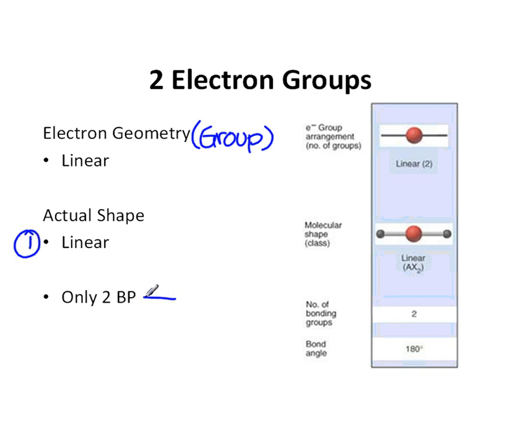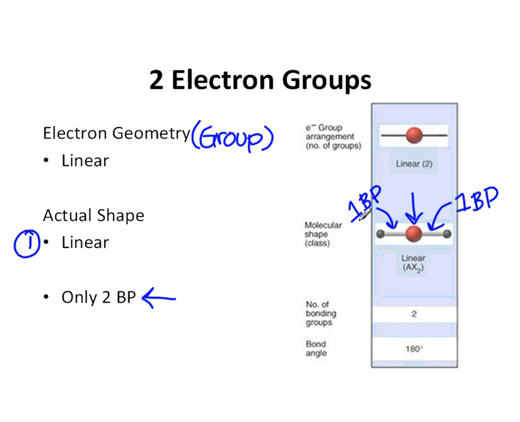When we're talking about bonded pairs, we're always trying to refer to what's going on around the central atom. So this is what a linear shape looks like. The red atom here is our central atom, and we have 2 bonded pairs on the outside. This here is 1 bonded pair, and this here is 1 bonded pair.